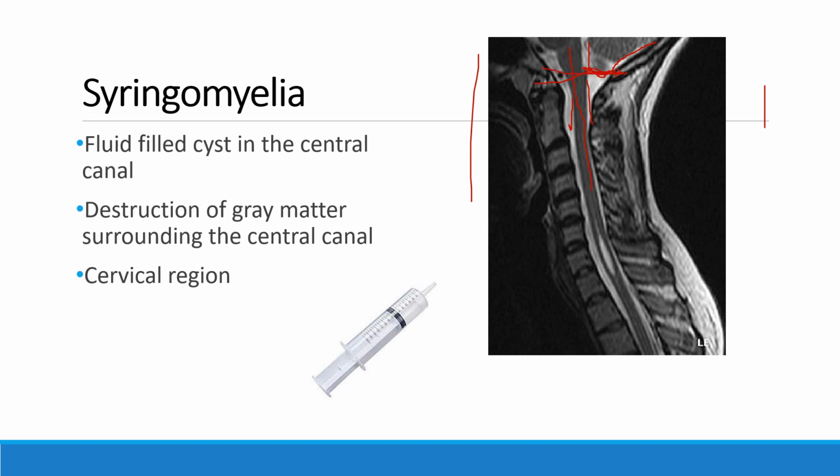Coming down here in the cord, let's go for yellow now. This dark area is the cord. What is this white spot here? That's the syringomyelia. What happened here is negative pressure. This is how we breathe.